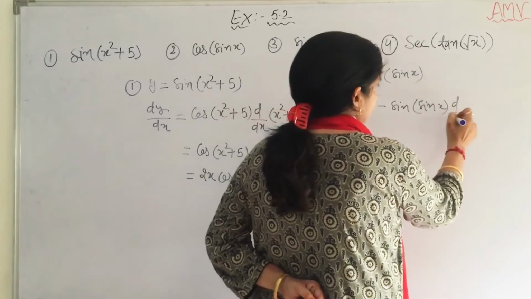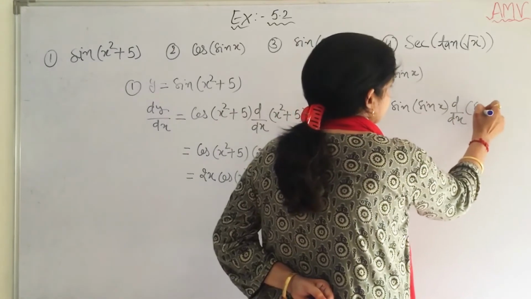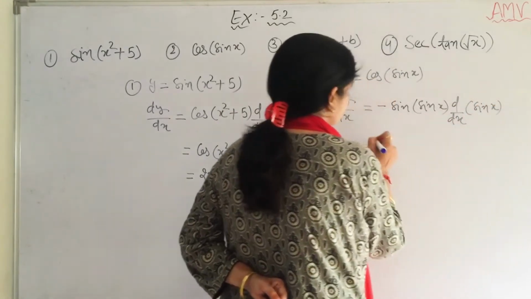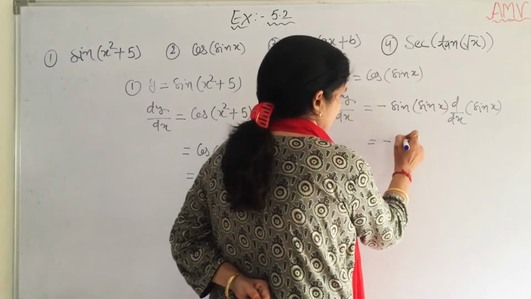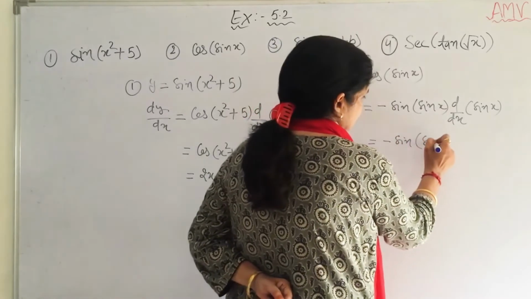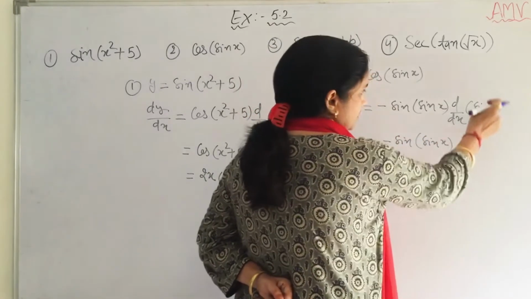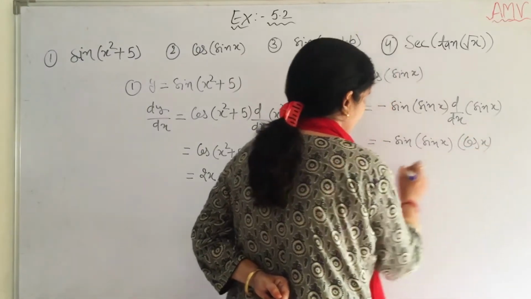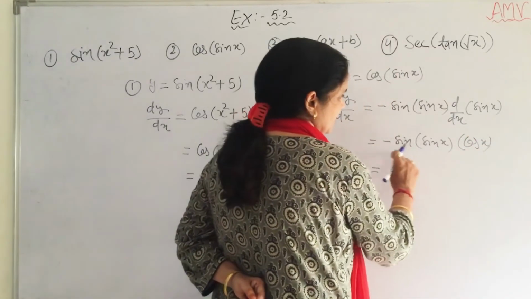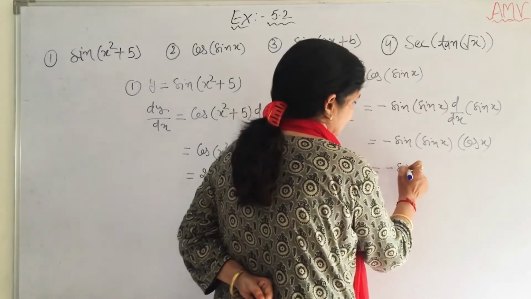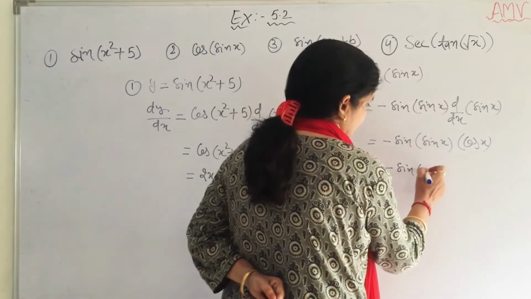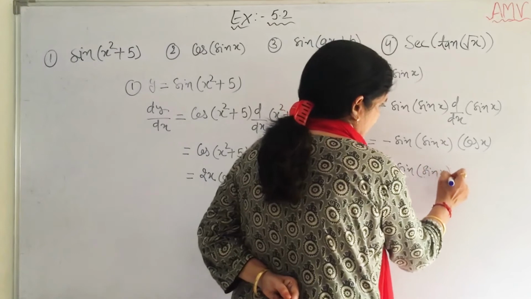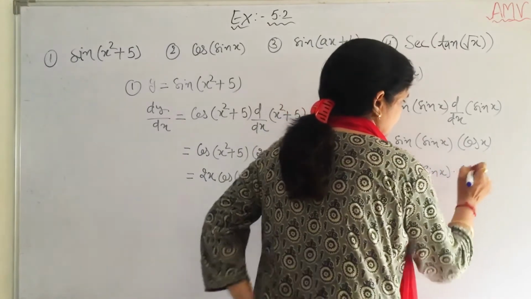And now the derivative of sin x is cos x. So the final answer is minus sin (sin x) and cos x.